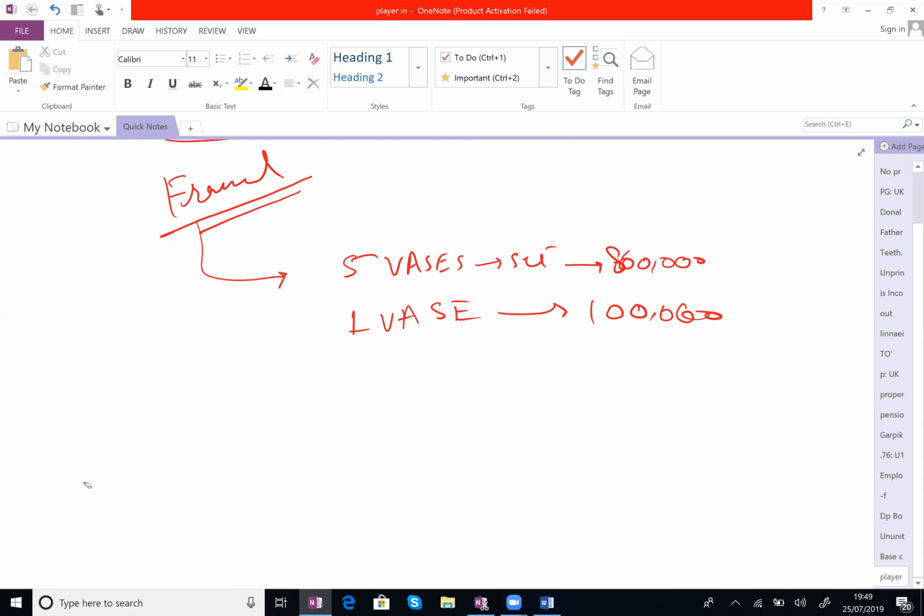Then the second, another 1 lakh. Then the third, fourth, fifth. In total, on how much value are you paying the tax? 5 lakhs. If you give me the set of 5 vases together, 8 lakh is the value of the set. But if you gift me one by one, you pay tax on only 5 lakh. How much tax are you saving?